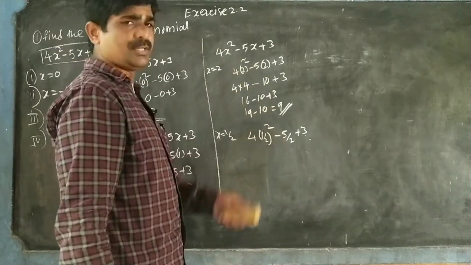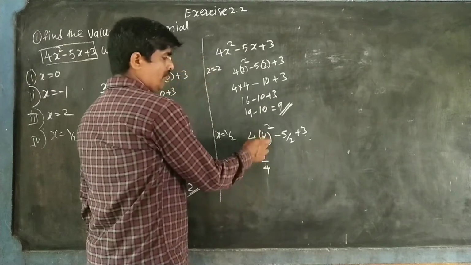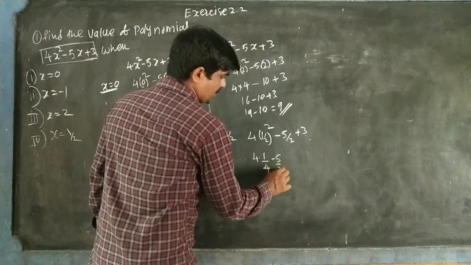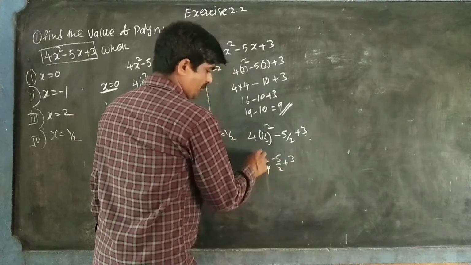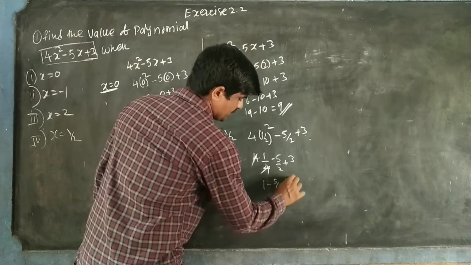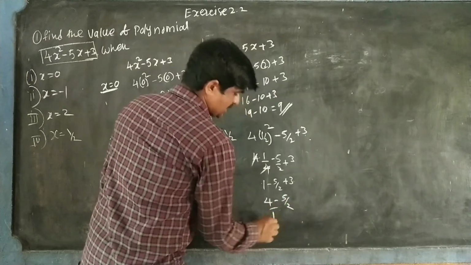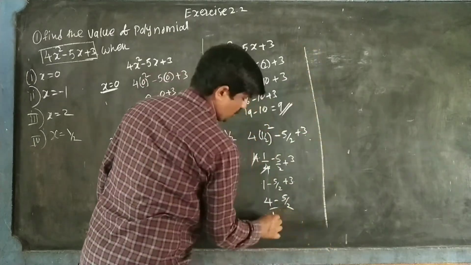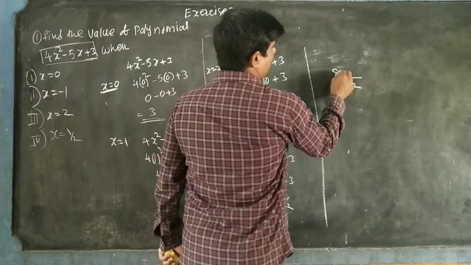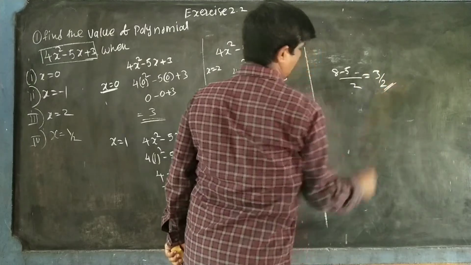Instead of x I am writing 1 by 2. 1 by 2 whole square is 1 by 4, so 4 into 1 by 4, the 4s get cancelled, leaving 1. 1 minus 5 by 2 plus 3. 3 plus 1 is 4. 4 minus 5 by 2, LCM is 2. 2 fours are 8, minus 5, so the value of the polynomial is 3 by 2.